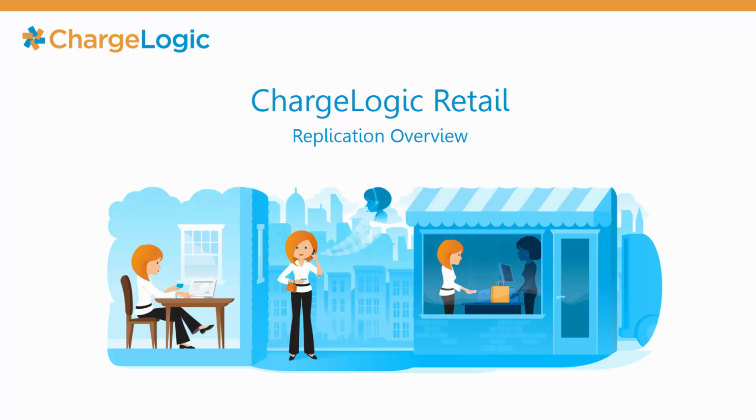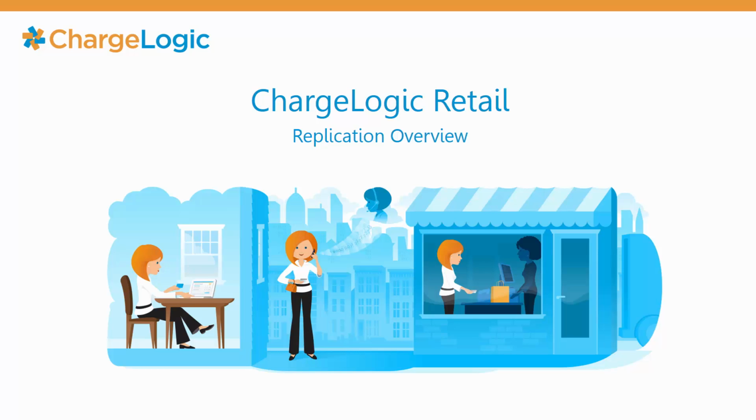With a franchisee, you may, for example, require that each franchisee runs NAV as their point of sale, uses ChargeLogic Retail as their point of sale, but you don't want that franchisee to have access to all of your corporate data from headquarters.